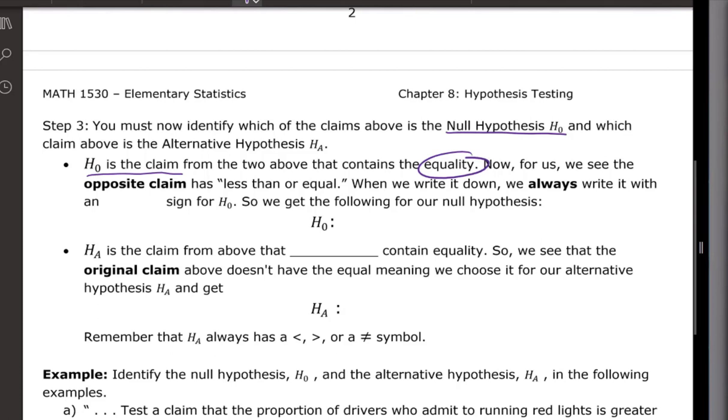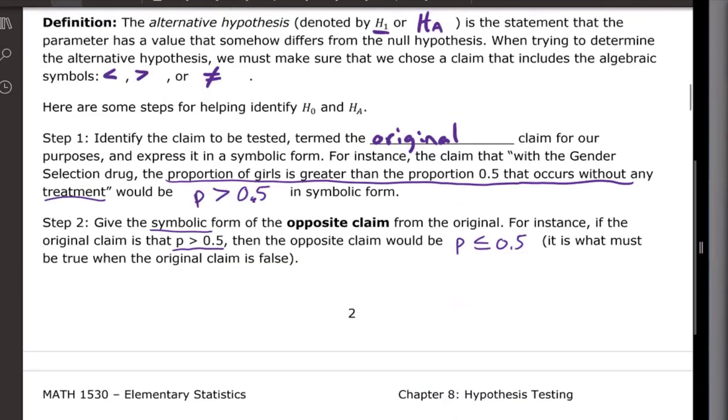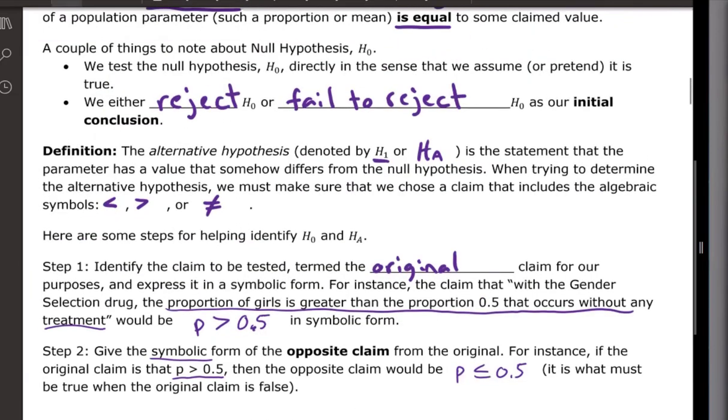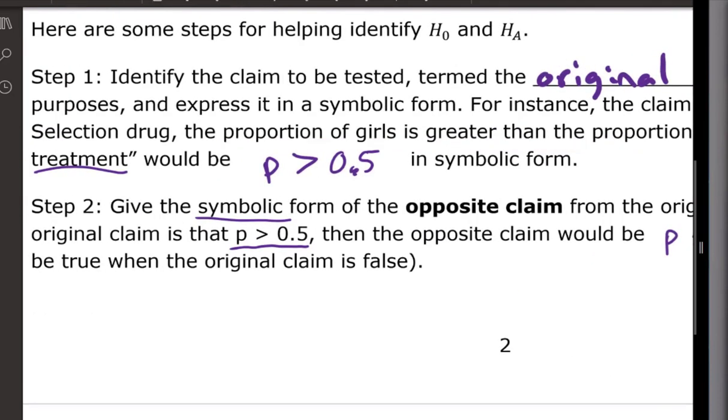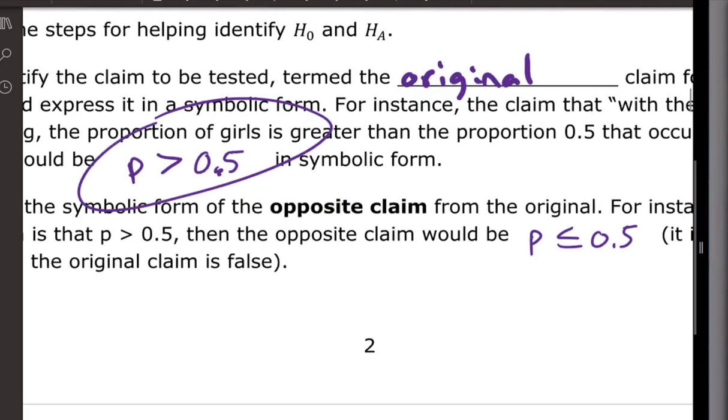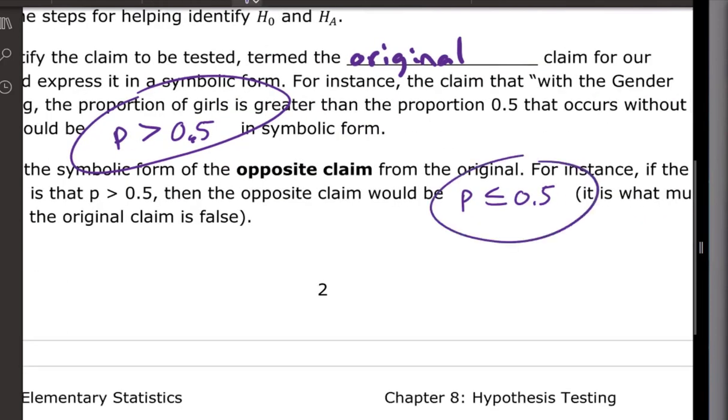So you want to look for the one that has the equal sign in it. If you look above, remember the original, this is your original right here, and your opposite is down here. Well, the opposite, if you look at it, has the equal in it. Right here underneath, you can see the equal sign. So this has the equal.